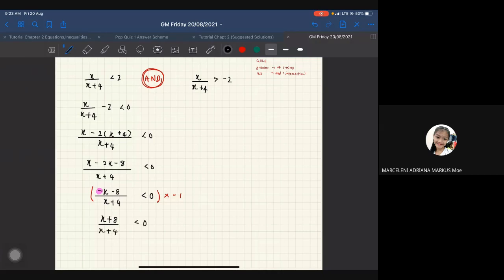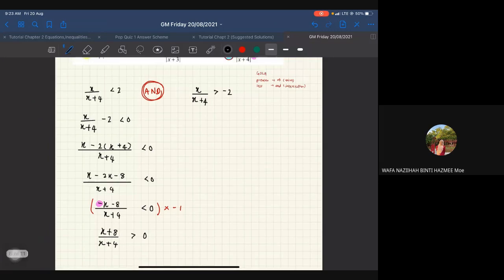Okay, jangan lupa kita kena tukar juga dia punya inequality. Okay, betul? So from less than dia mesti jadi greater than. Okay, so settle untuk yang bahagian kiri. Okay, so untuk belah kanan pun sama. You do the same thing. Okay, so you bring negative 2 to the left hand side. So dia akan jadi plus 2 greater than 0.